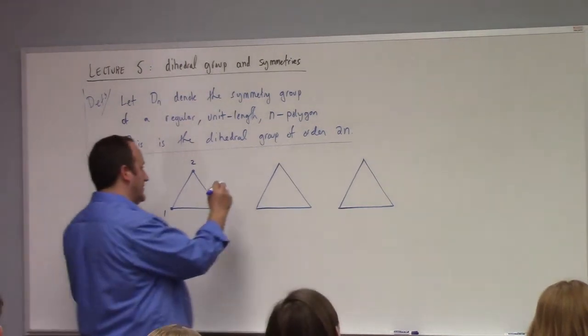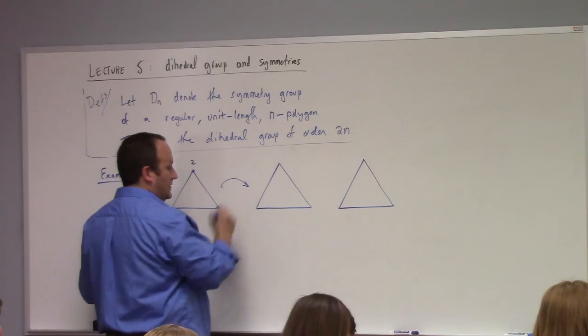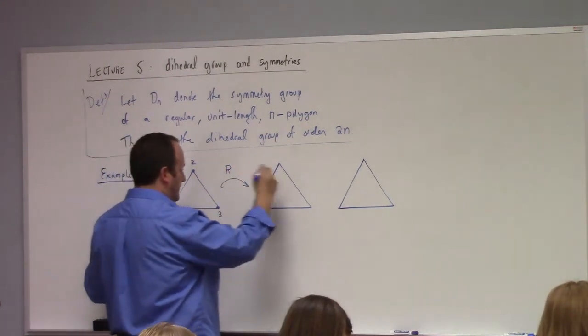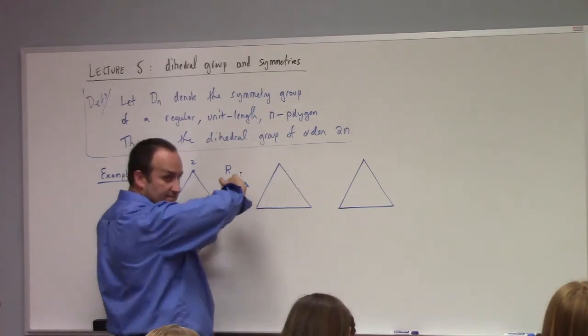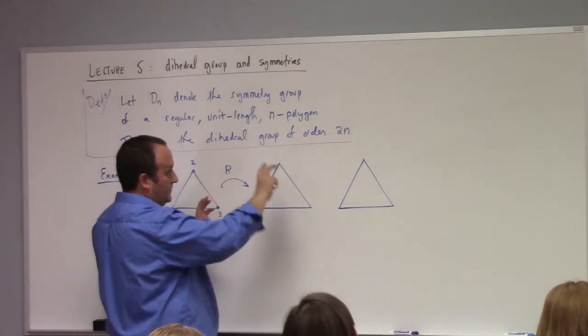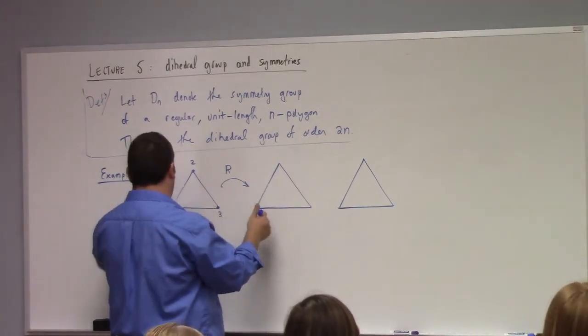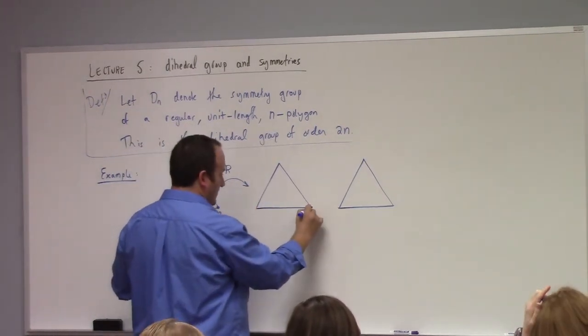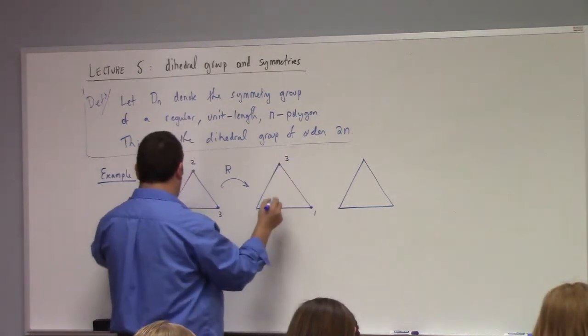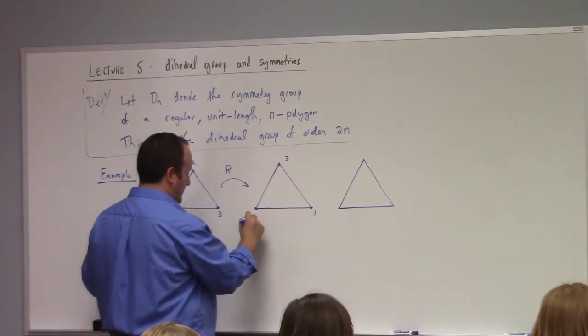Rotation by 120 degrees, like so. We'll call that R for rotation. That goes counterclockwise. So that moves 1 over here, it moves the 3 upstairs, and it moves the 2 down here.